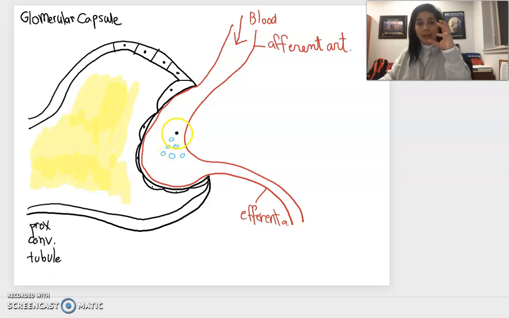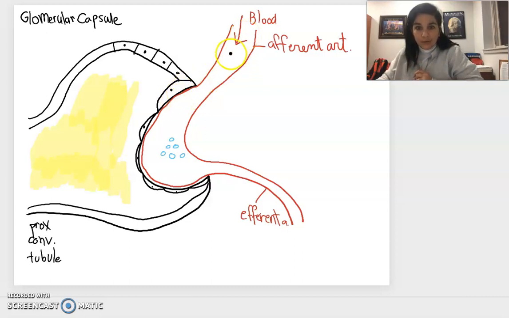But that tube is covered with cells from the capsule, which would be the visceral layer right here. So as the tube comes in, it's in contact with nothing other than the cells of the capsule, those flat cells that are basically hugging this blood vessel.